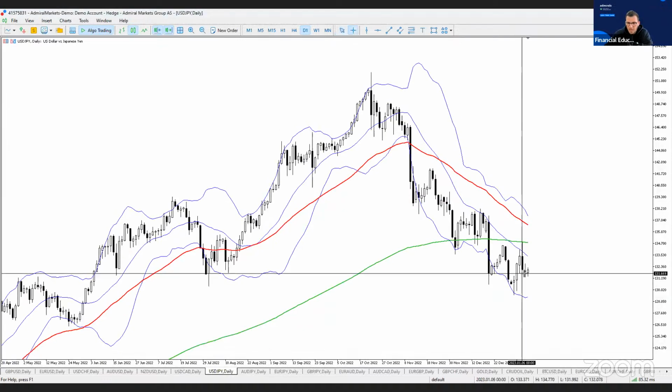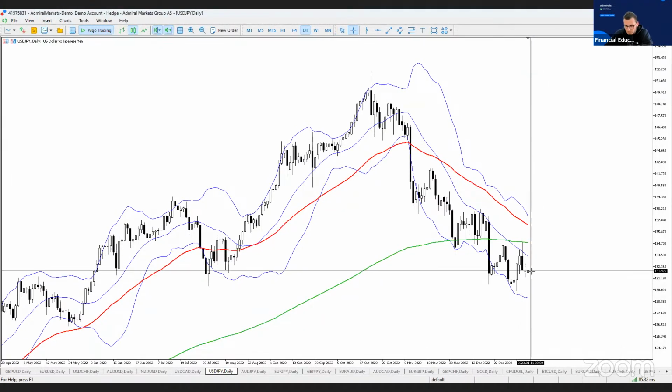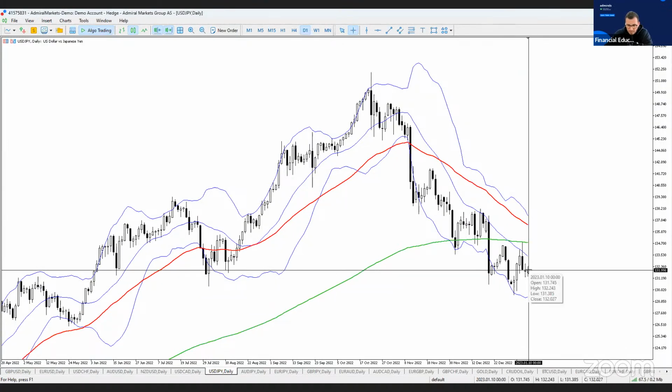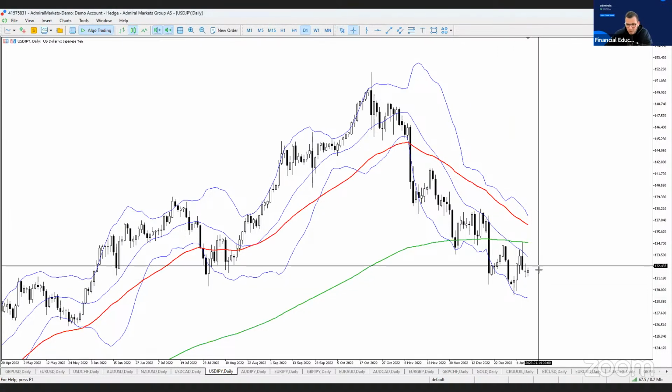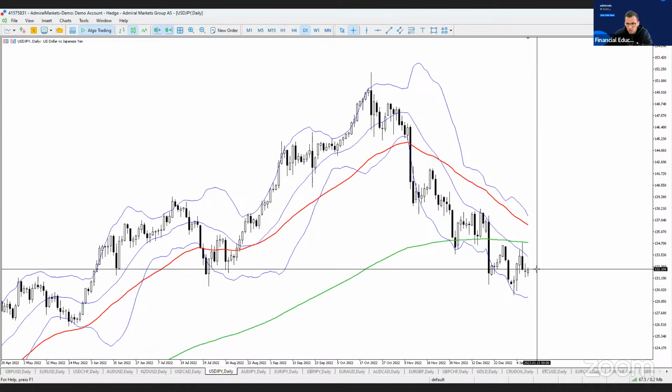USD JPY, remember yesterday you asked me about this pair, and I said because we didn't have a clear lower low here and we had just kind of a double bottom, I wouldn't want to sell aggressively from this point.